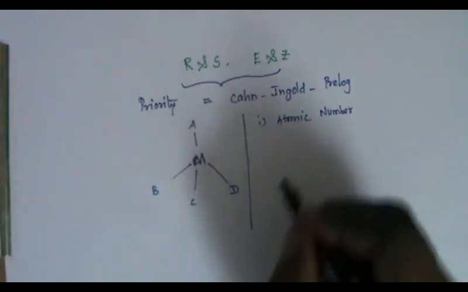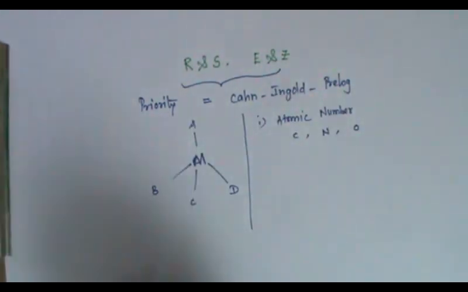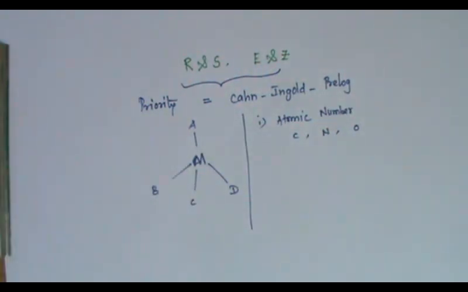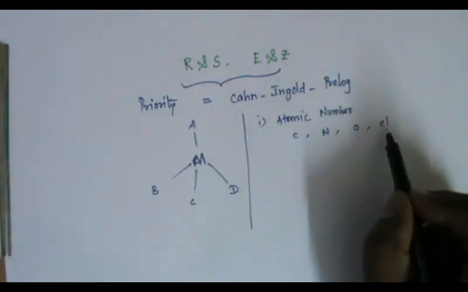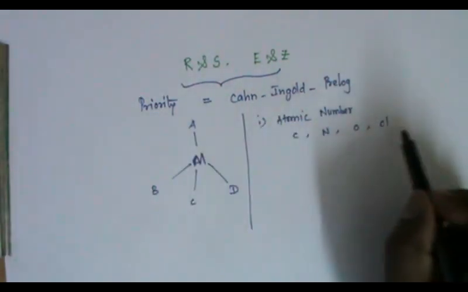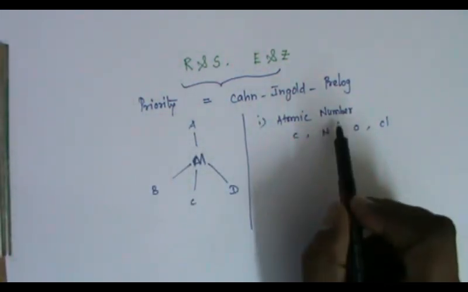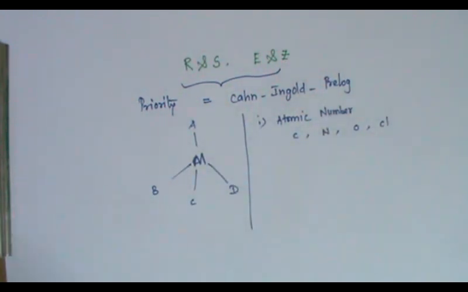For example, if carbon, nitrogen and oxygen are attached to M, oxygen will get higher priority. If you go for another atom like chlorine, its atomic number is higher than anything, so it should get higher priority. So based on the atomic number, give priority. The higher priority is given to the atom or group with the highest atomic number.